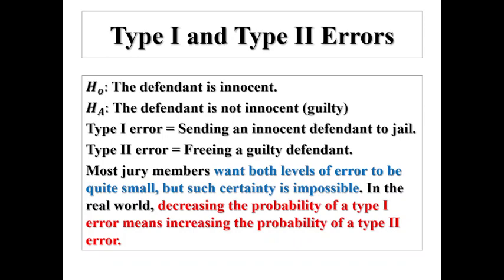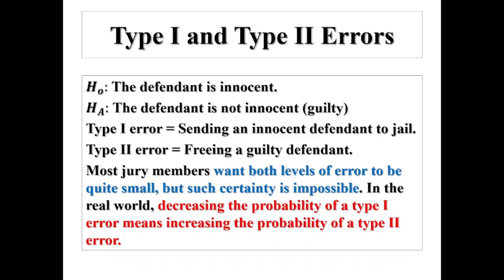Then if I make it lower, maybe some students pass but they should fail. Understand what I'm saying here? So this is an example of the inverse relationship of the probability of type 1 error and type 2 error.